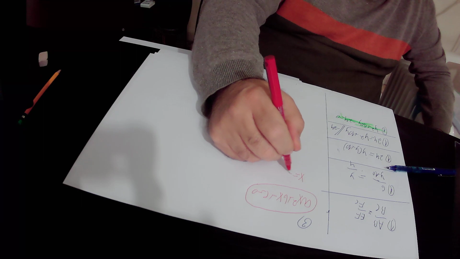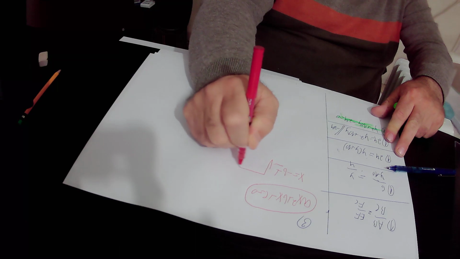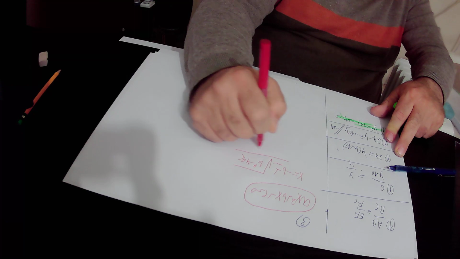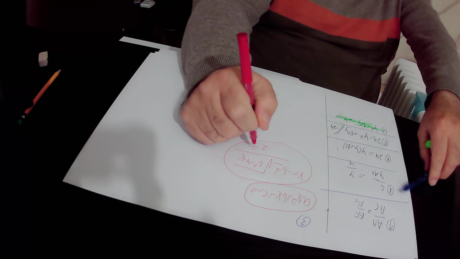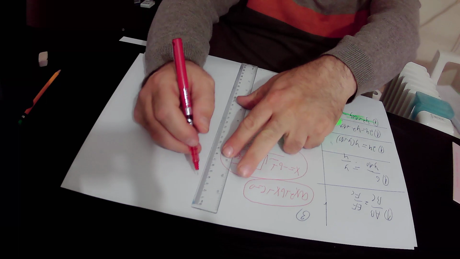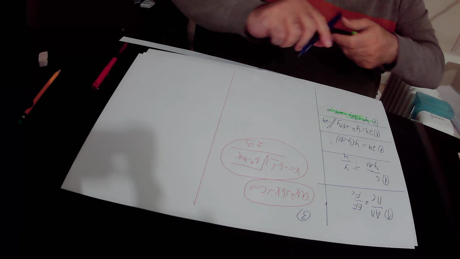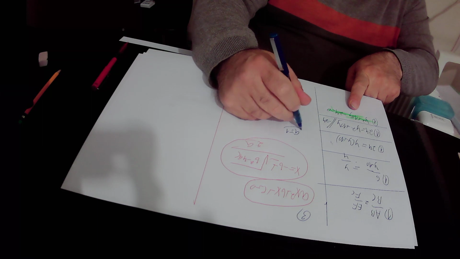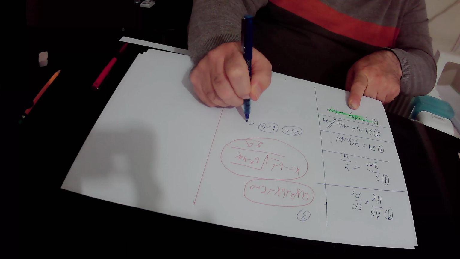x equals minus b plus or minus the square root of b squared minus 4 times a times c, over 2a. In our specific quadratic equation, the coefficient a is equal to 1, the coefficient b is equal to 10, and the coefficient c is equal to minus 24.